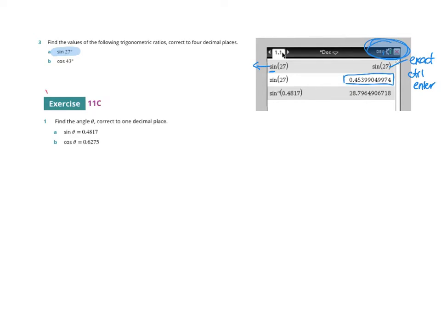In 11C, which you're also going to be working through, when they say find the angle, so if they say sine angle equals this, they want you to find the angle. What you're actually doing is you need to use the inverse or the opposite function to sine, which is that sine -1, and you type that in like that and press enter, and you can see we get what the actual angle is.